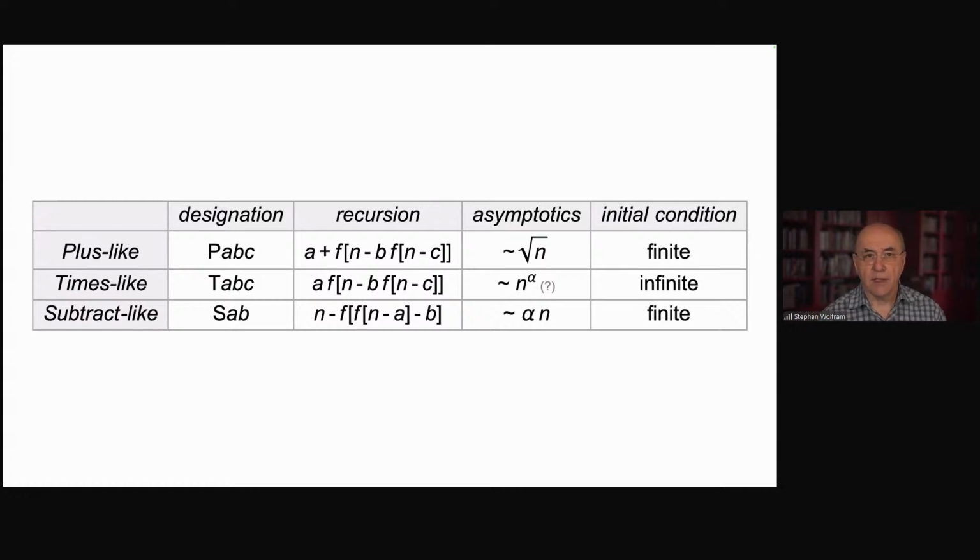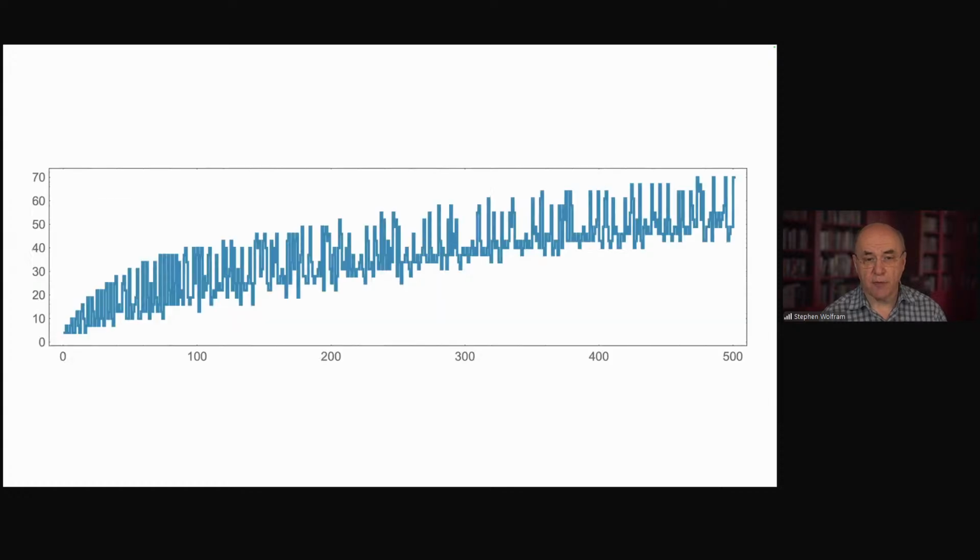Okay, let's take a closer look at P312. So let's start off by looking in more detail at what it does up to, for example, n equals 500. So there it is.